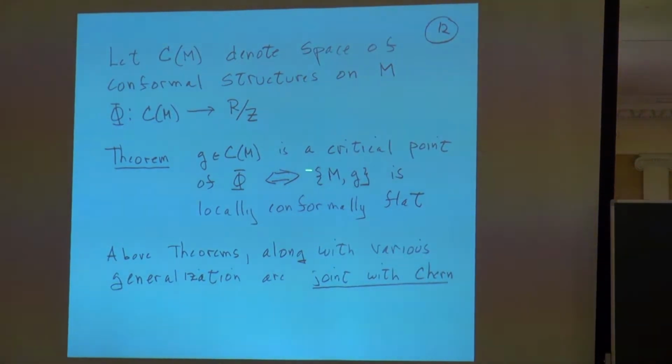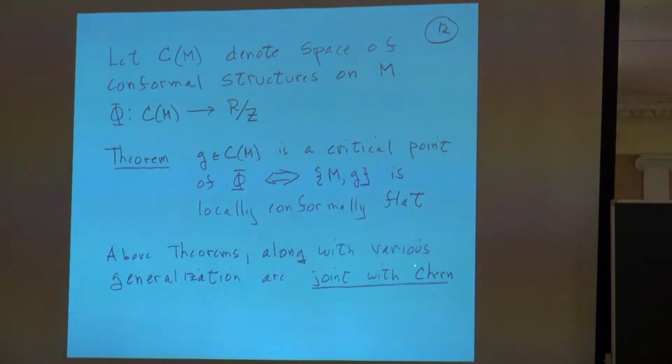So that characterizes the critical points of this function, and it would perhaps be appealing to follow the gradient of the function or something like that upstairs and see if you could always get to something locally conformally flat. I'll tell you now, not all three manifolds do have locally conformally flat structures, but they almost do. There's some degenerate cases. So it's possible that something good could be done with this.